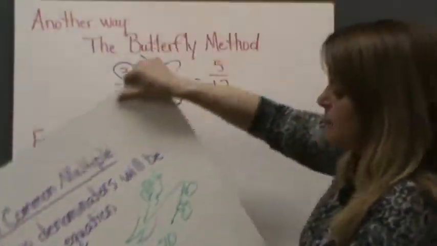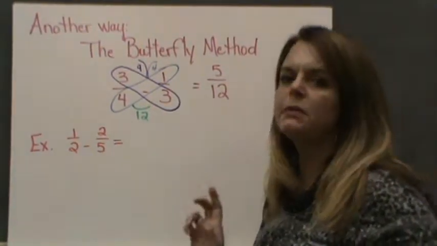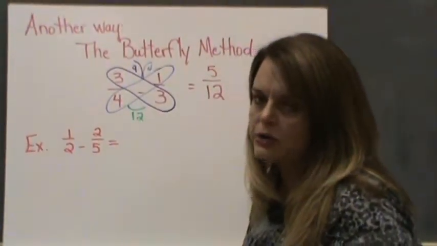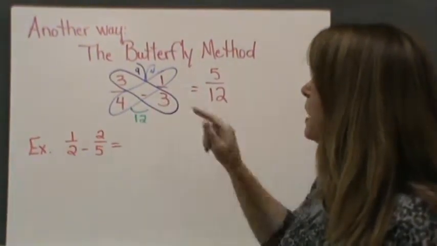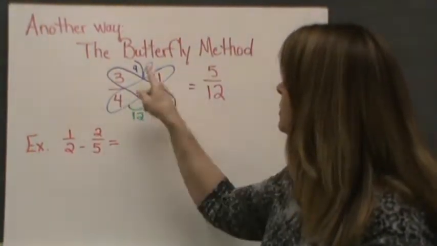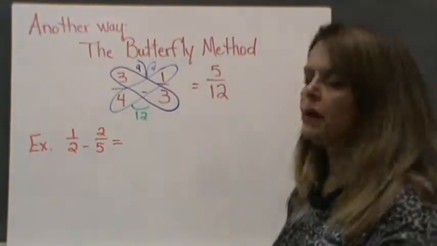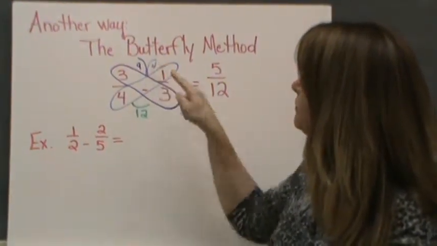The last example, again, just like when we added fractions, you can use the butterfly method to subtract fractions with unlike denominators. So my first equation was 3/4 minus 1/3. I butterflied it out. 3 times 3, underneath the antenna, I put a 9. Butterfly this. 4 times 1 is 4.